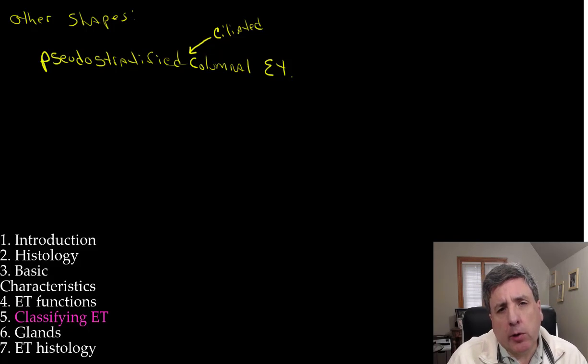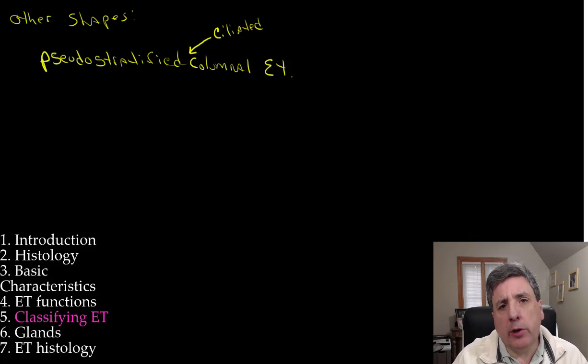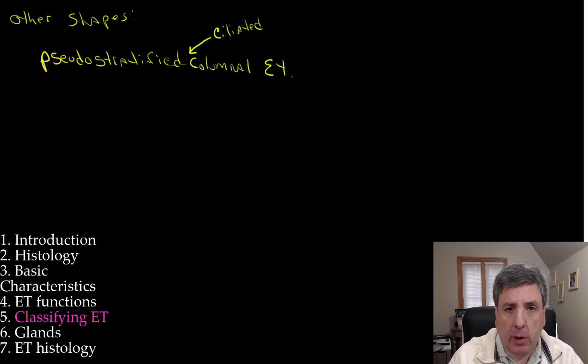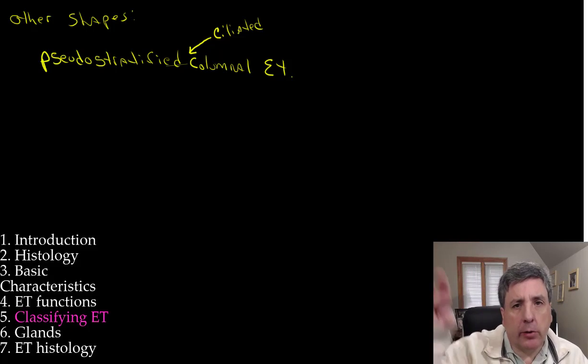The other characteristic about a pseudostratified columnar epithelial is that the nuclei are at different levels. Normal columnar epithelial tissue, the nucleus is closer to the basolateral surface on the basement membrane, and it is at an even level. The pseudostratified columnar, the nuclei are scattered throughout.